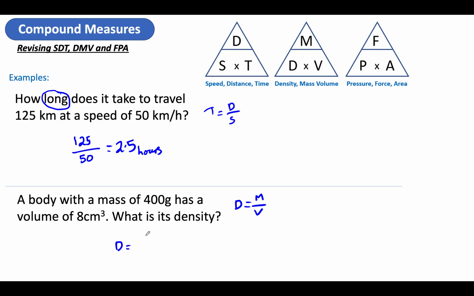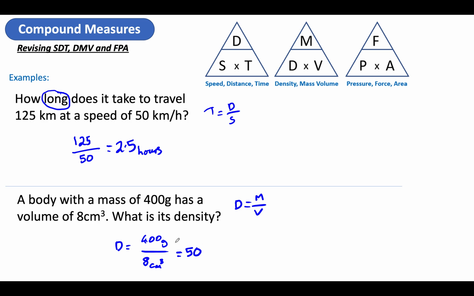My mass in this case is 400 grams, and my volume is 8 centimeters cubed. So I'm going to do 400 divided by 8, which I'm pretty sure I know what that is, but I'm just going to check, and it's 50.